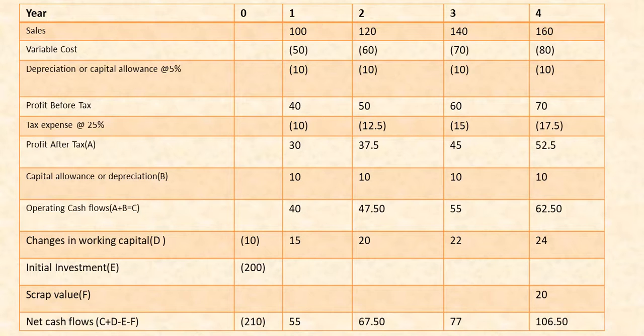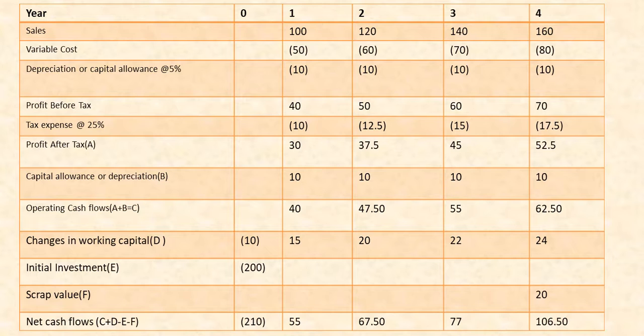This 15 means that the working capital has decreased by 15, so this additional working capital is being freed and available as cash. Usually these changes in working capital are provided in the question itself, and you just need to add and deduct like I've done in this question.